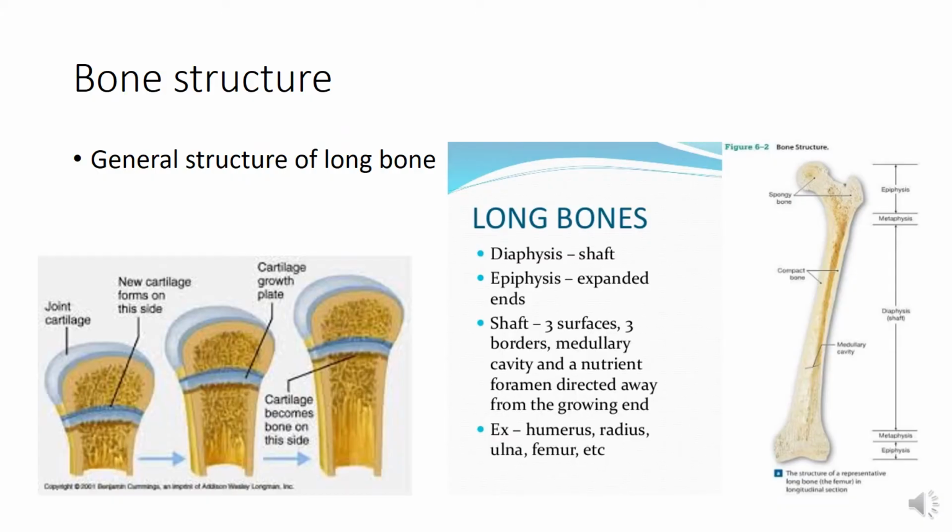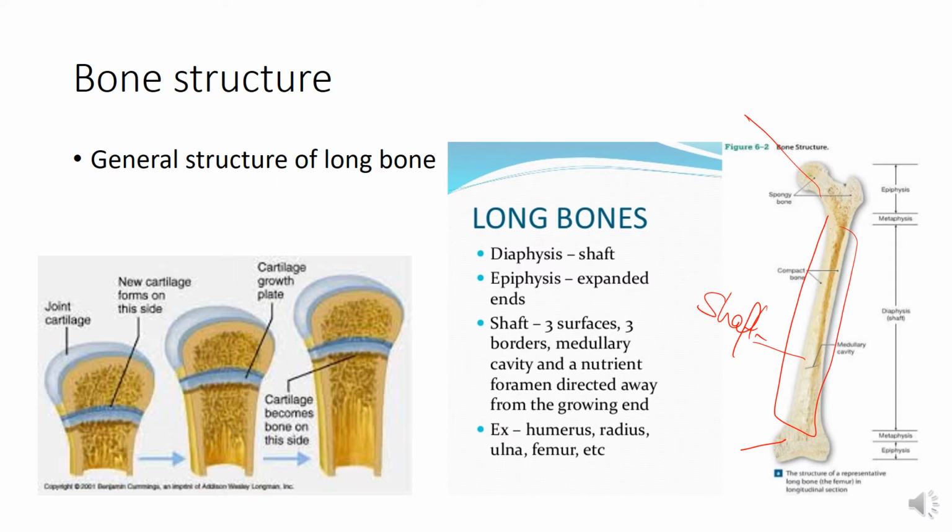Now the general structure of the long bone. It has a diaphysis, or shaft. Here you can see the diaphysis of the long bone. Then the ends or extremities are known as the epiphysis. The diaphysis is composed of compact bone with a central medullary canal containing the fatty yellow bone marrow.